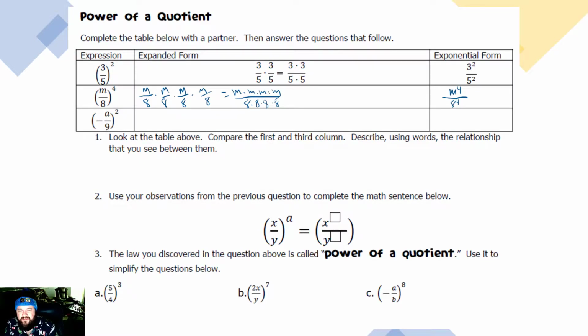Now we have negative a over 9 squared. So we have a negative times a negative. So that's going to give us negative a times negative a all over 9 times 9.